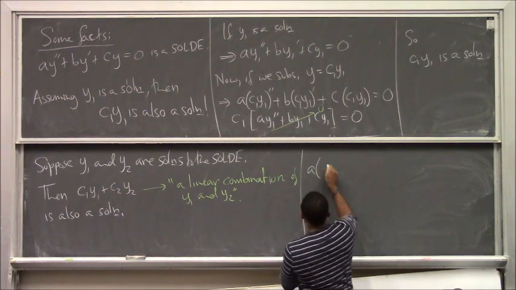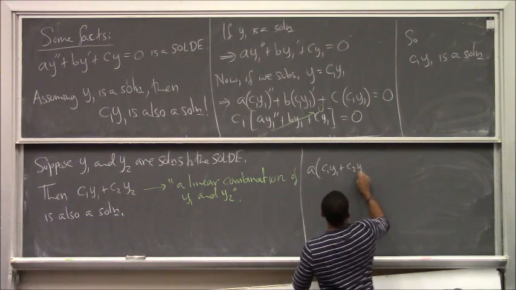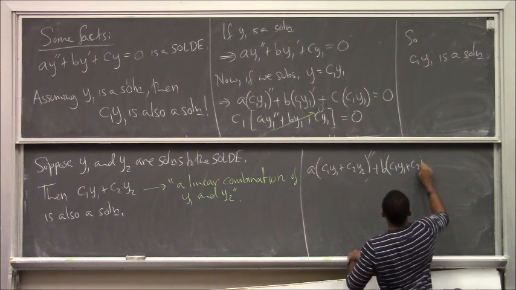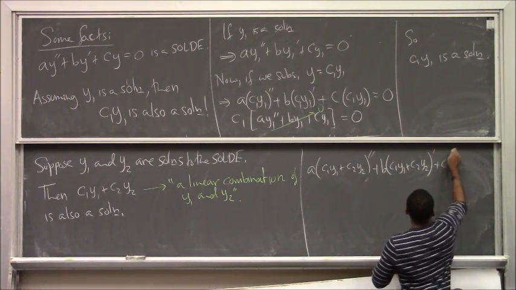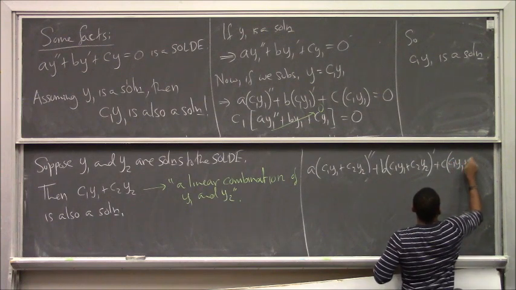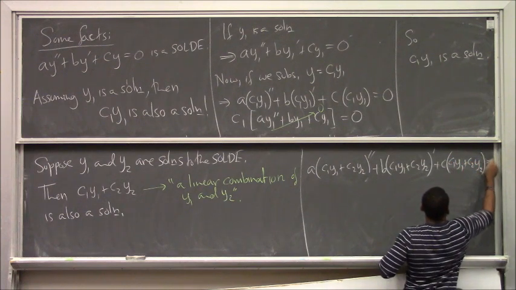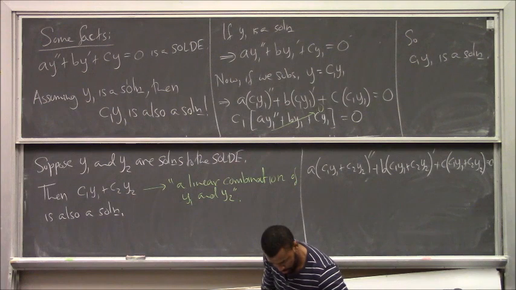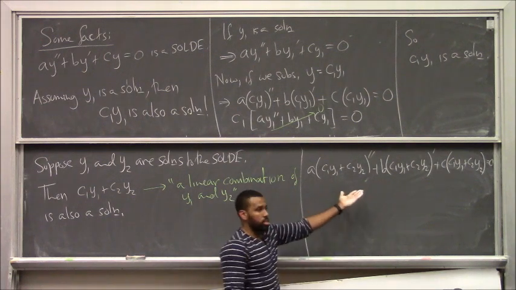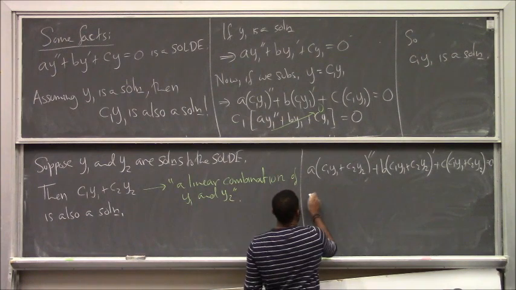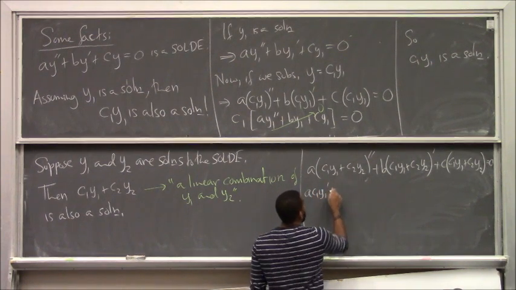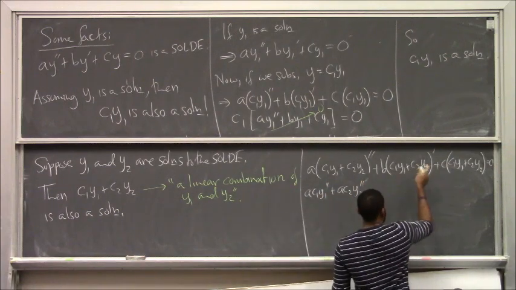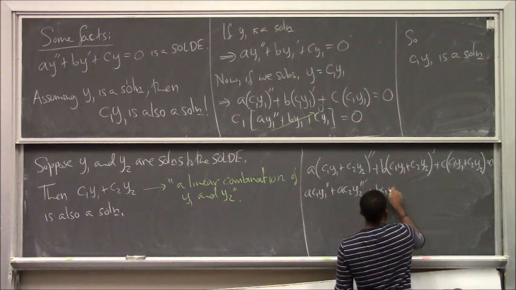If I plug that guy in for the y's, then what's going to happen? Well, the derivative of a sum is the sum of the derivatives. So I would have C1 y1 prime plus C2 y2 prime. And again, derivative of a sum is the sum of derivatives, and I can actually factor the constants out.